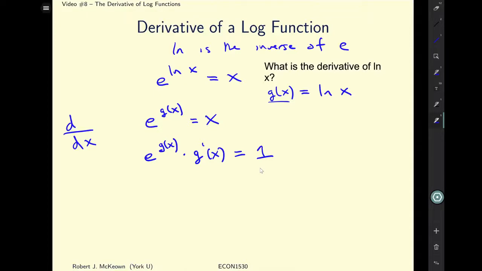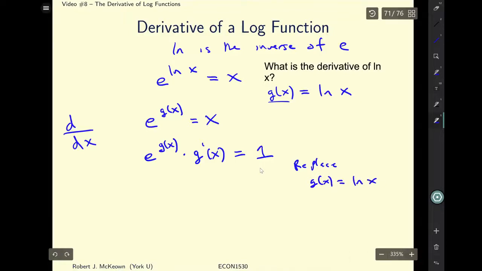Now, I'm going to replace g of x with the log of x. And so I've got e to the log x multiplied by g prime x is equal to 1.